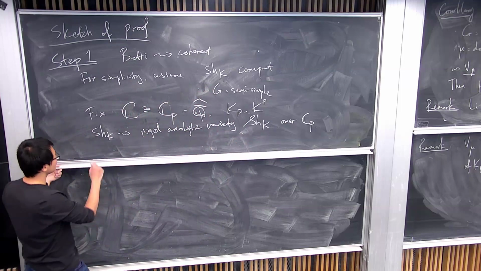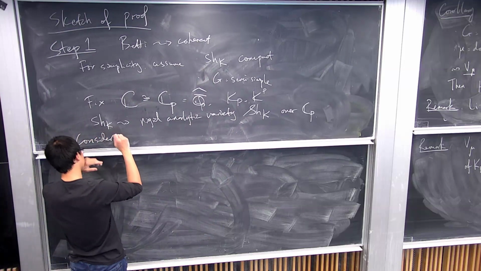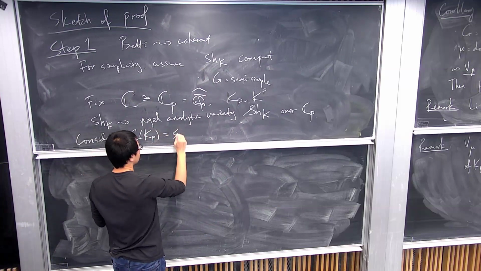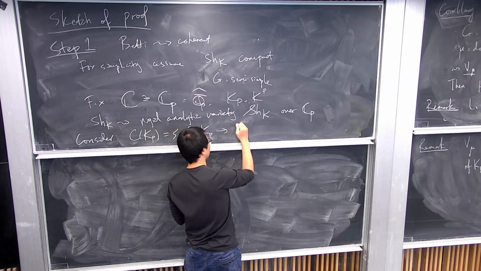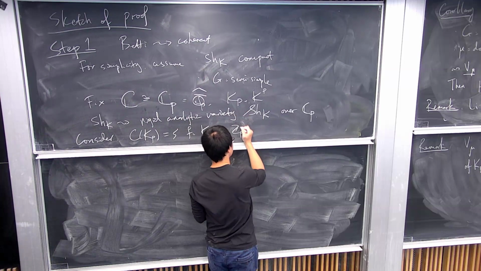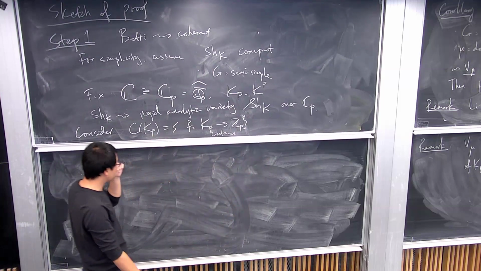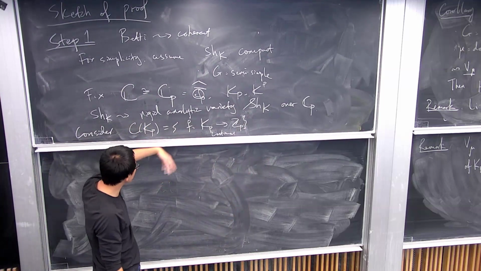So I can just consider C(K_p), which is just all the continuous functions on K_p, with the translation action of K_p.